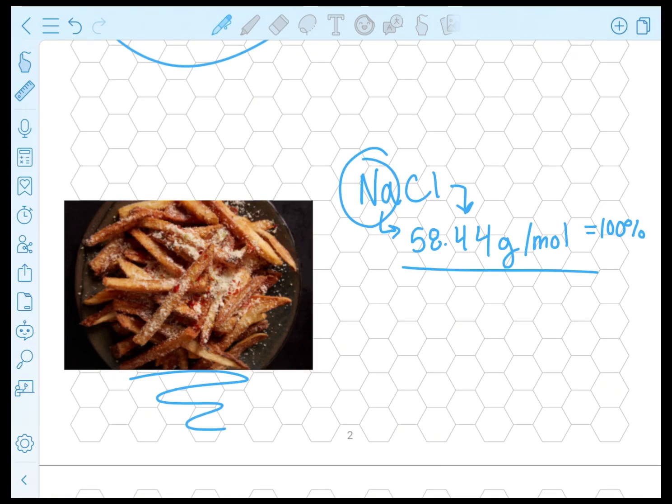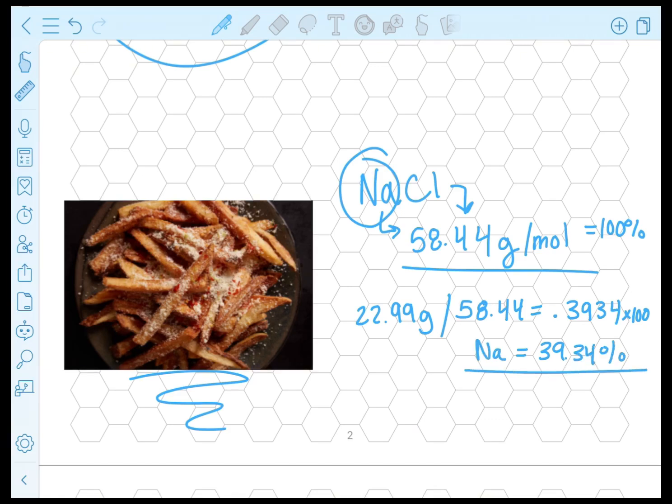The molar mass of sodium is 22.99 grams, and we divide that by the total molar mass of sodium chloride. That gives us 0.3934. Since we want the percent composition, we multiply by 100, and that gives us 39.34%. So now we can say that sodium makes up around 39.34% of sodium chloride.